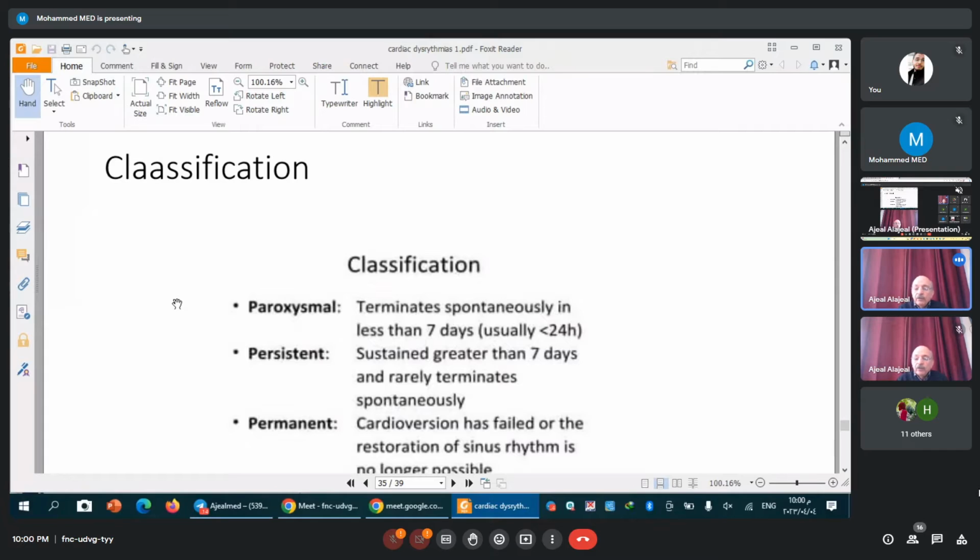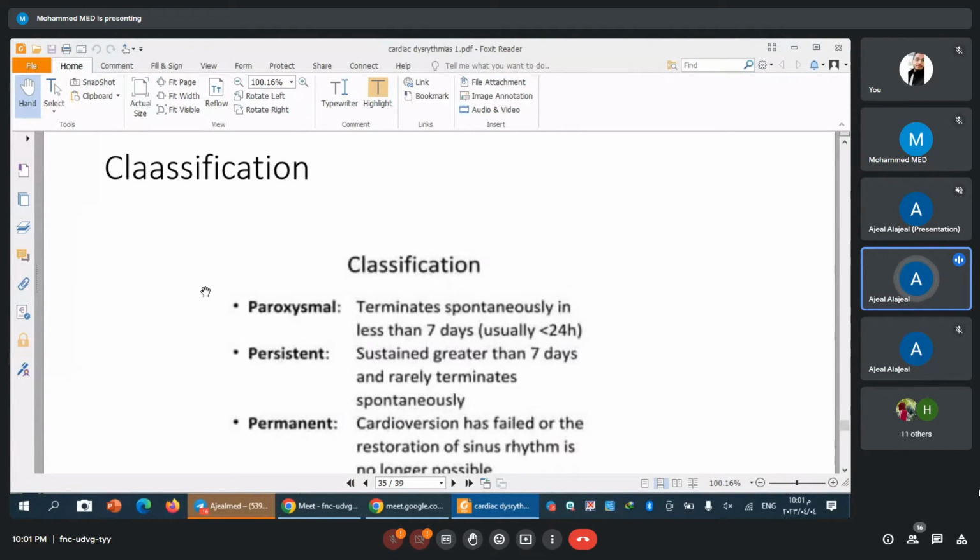So if atrial fibrillation is paroxysmal, then the patient should be anticoagulated. Mind you, sometimes atrial fibrillation occurs once in a lifetime. If atrial fibrillation occurs once in a lifetime, then there is no need for anticoagulants.